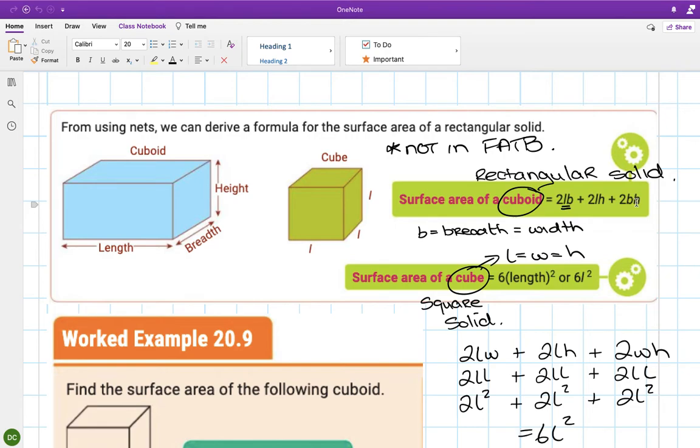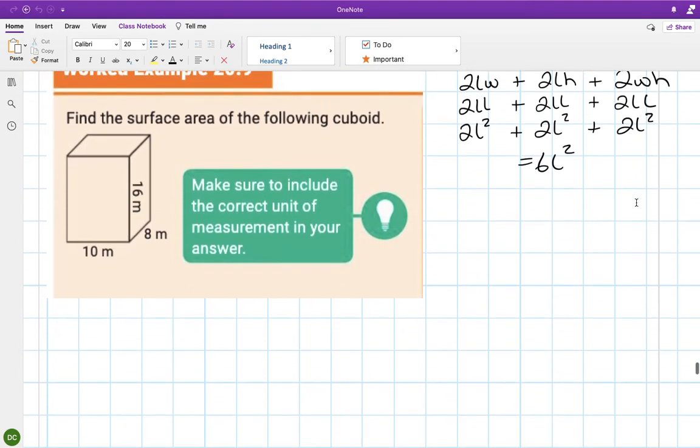So that's where they're getting that from. And again, I don't know that you need to learn these formulas. They're just logical. You're just figuring out the faces. That's all.